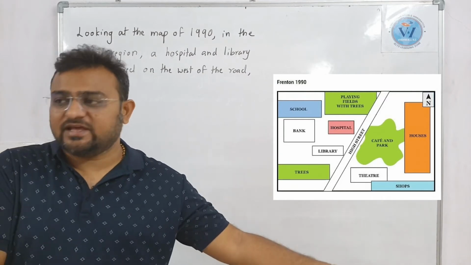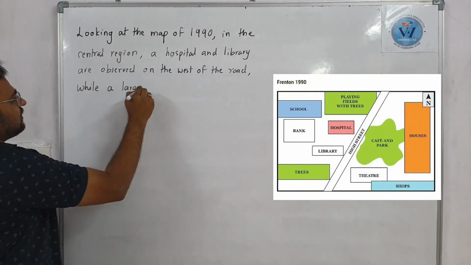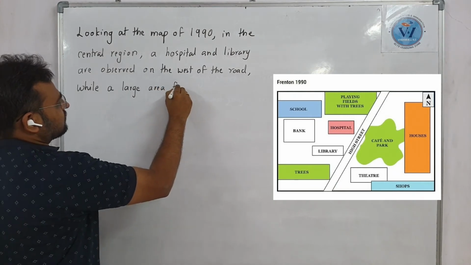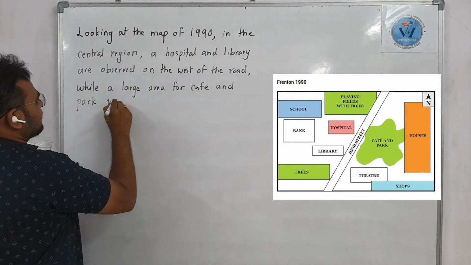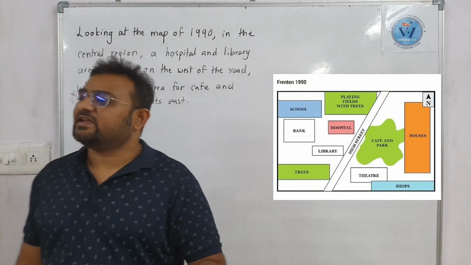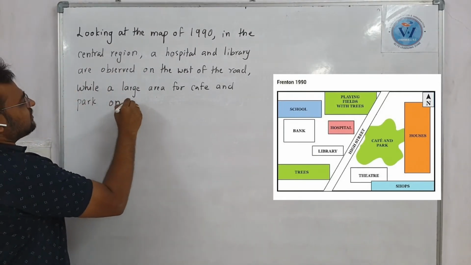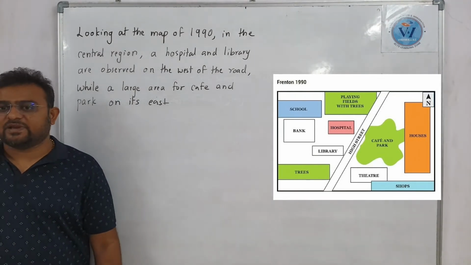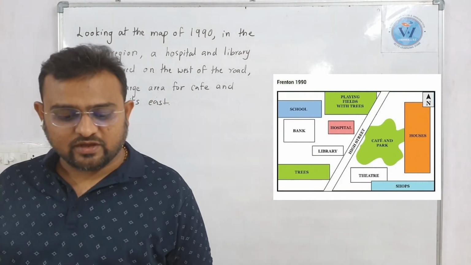Now the other thing is on the east side, so I will use an opposite linker: while a large, what is located there? Cafe and park were on its east. Or else you can write down cafe and park on its east. If you write on its, then observed will sound off. No need to repeat it in the second sentence. Clear? Central part done.